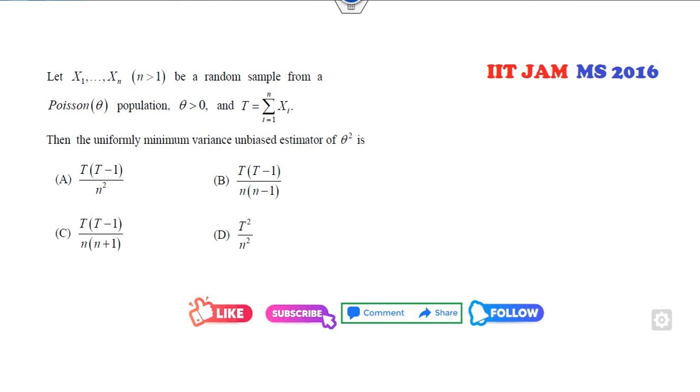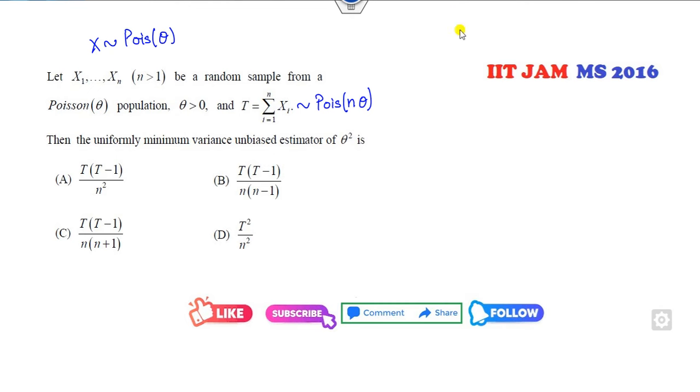Okay, look at this another one. X follows a Poisson distribution with this parameter, and capital T is given here. If x follows the Poisson distribution, the summation of them also follows a Poisson distribution. Then you have to find this.